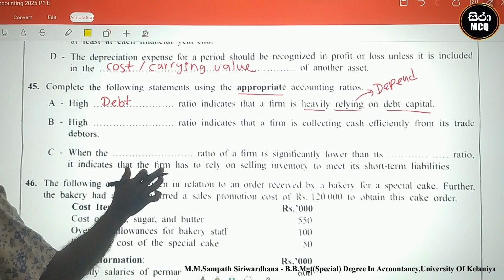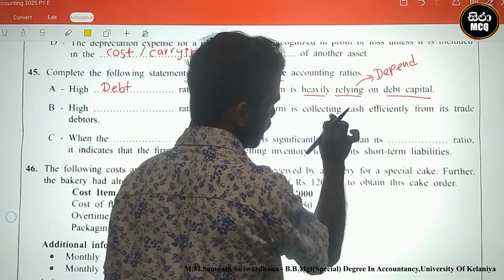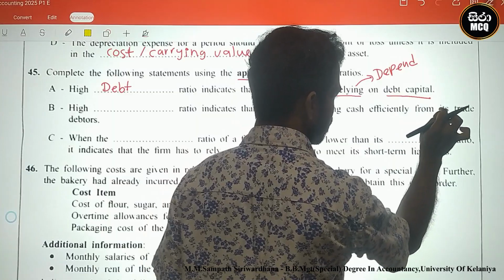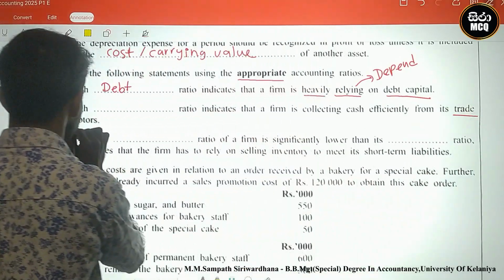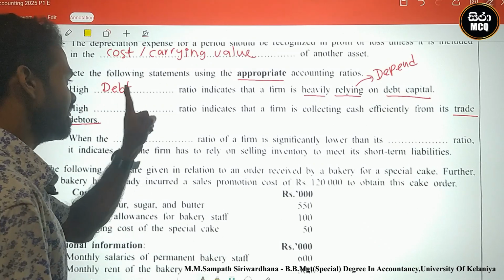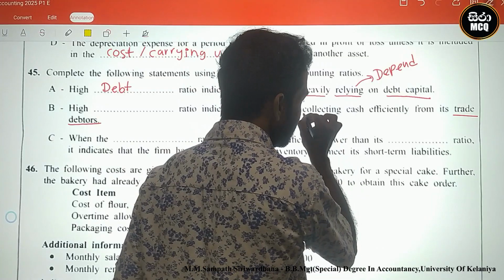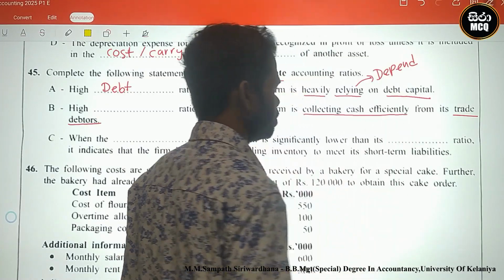Okay, look here, next one: a high blank ratio indicates that the firm is collecting cash efficiently from trade debtors.